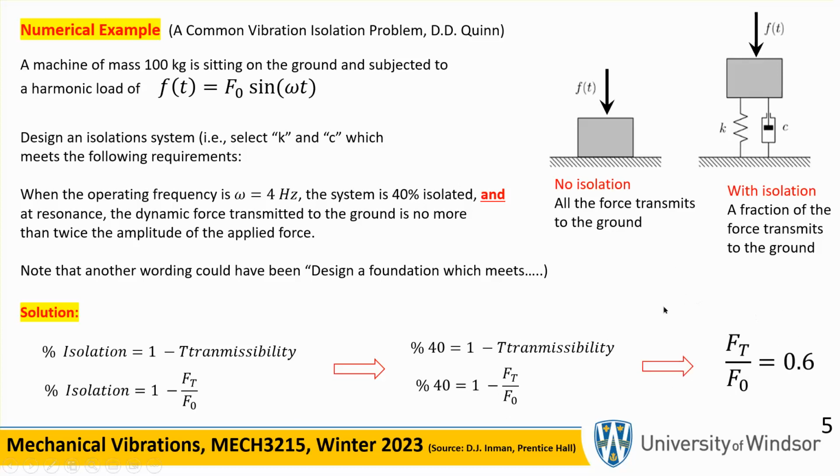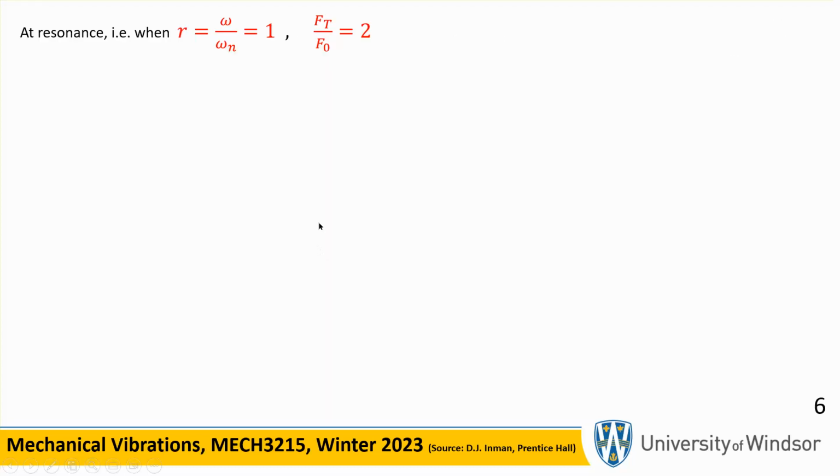The other requirement is that when we are at resonance, Ft over F naught should be not more than 2. At resonance, where omega and omega n are the same, the applied frequency of the load and the natural frequency of the mass spring damper system are the same, we want the ratio Ft over F naught to be 2.